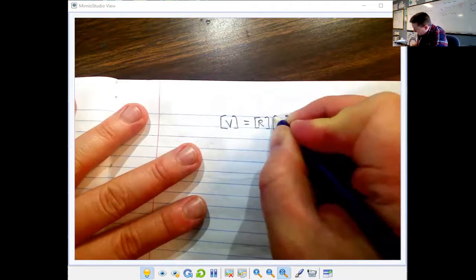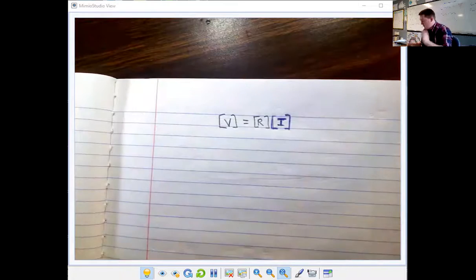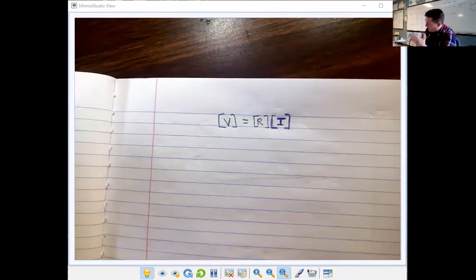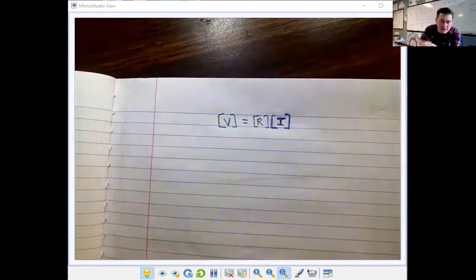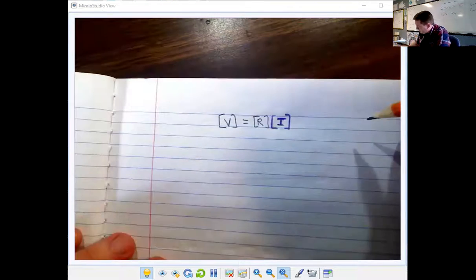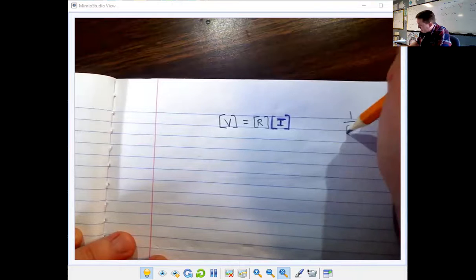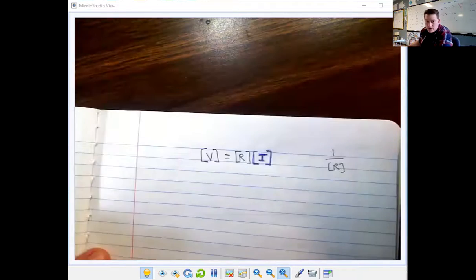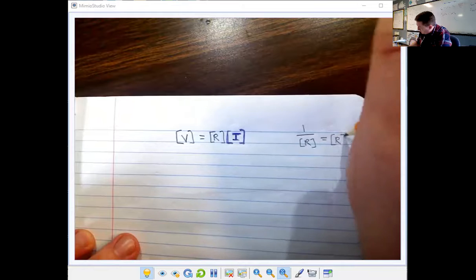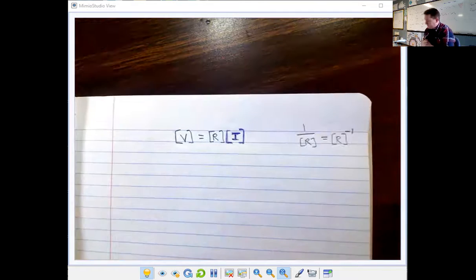Now, if this was a normal algebra equation, you would say, hey, divide by R. But there's no such thing as dividing a matrix. However, there is such a thing, in a way, as an inverse matrix, which is not written 1 over R. It's written as R negative 1.